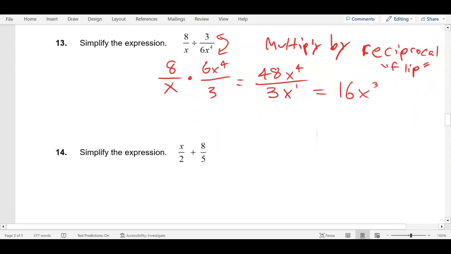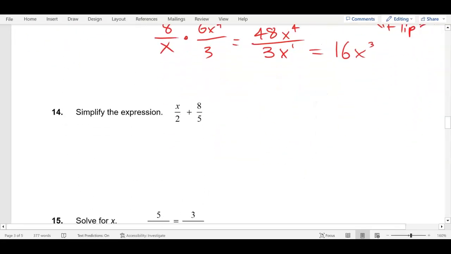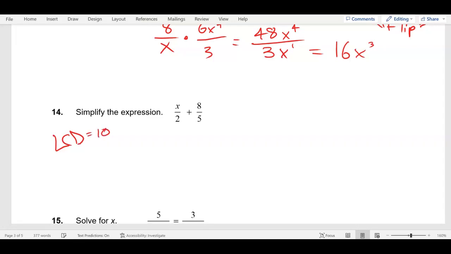Cool. To simplify this expression, we need a common, the least common denominator, LCD. Okay. 2 and 5, the least common denominator is 10. So I need to get 10 for both of these fractions. I can only add them if they have the same denominator. So to get the same denominator of 10, I'm going to have to multiply the first one times 5 on the bottom and the top.